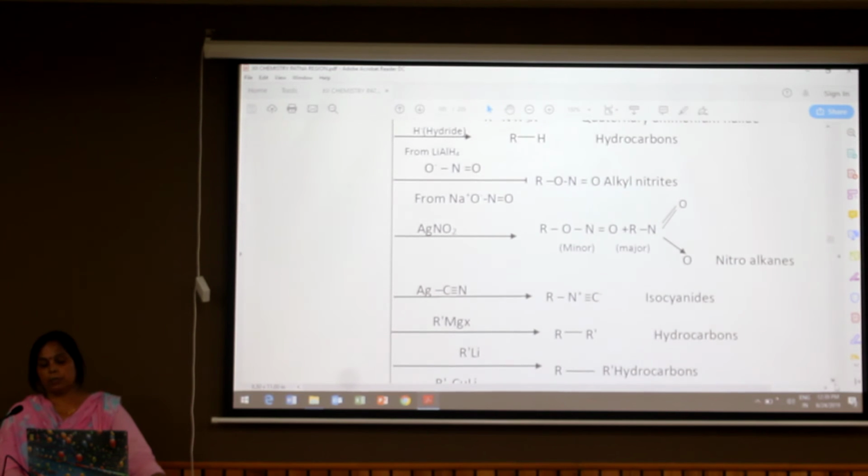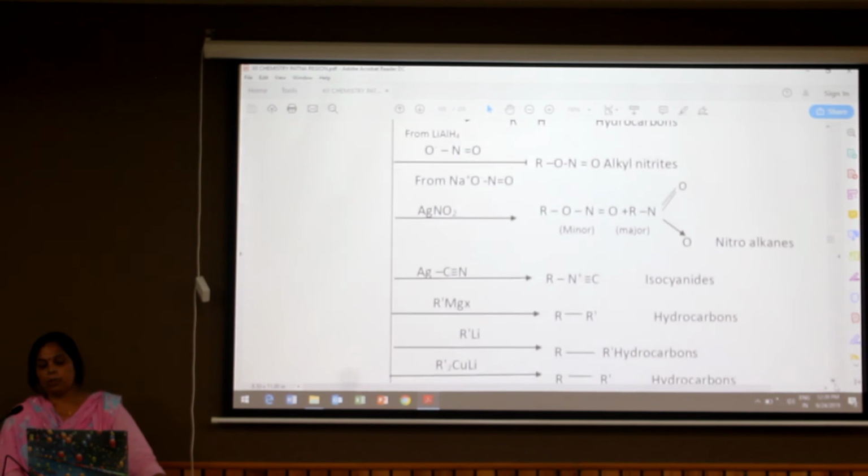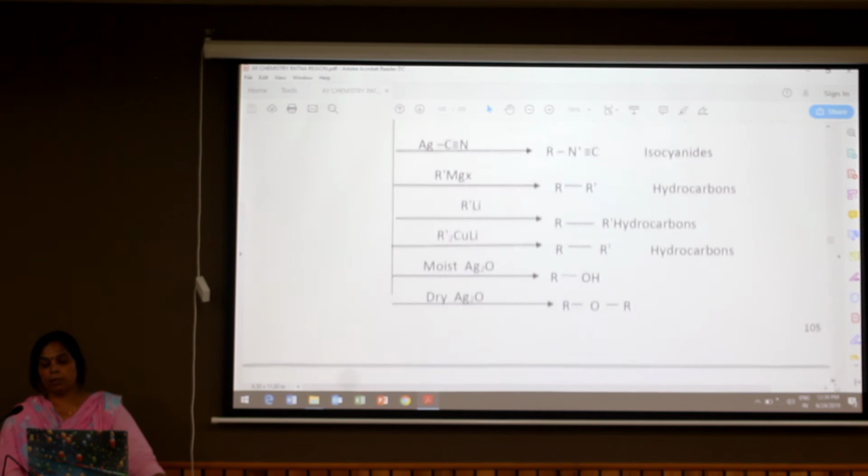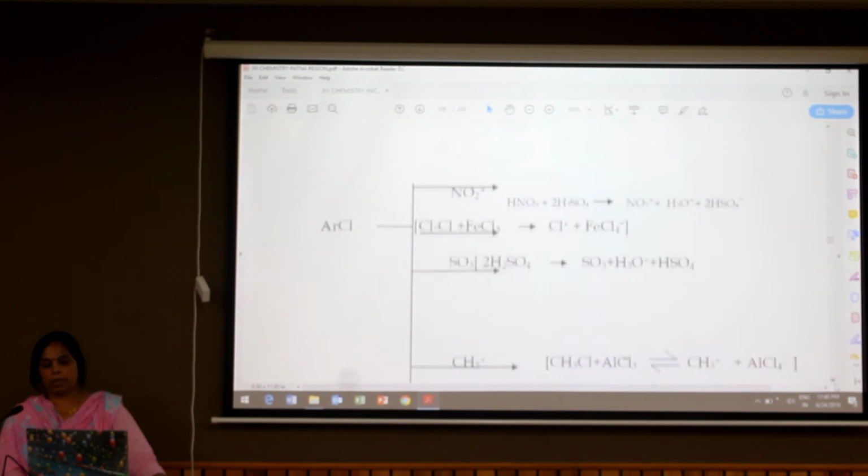If it reacts with silver cyanide, it gives isocyanide. Why? Because CN minus in KCN and ONO minus in potassium nitrite are ambident nucleophiles, so the reaction can take place from either site.